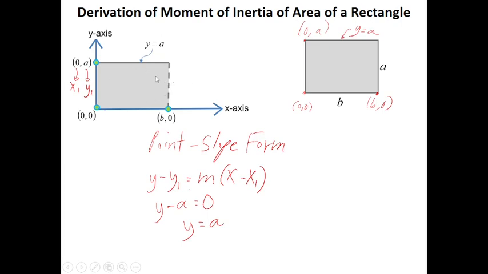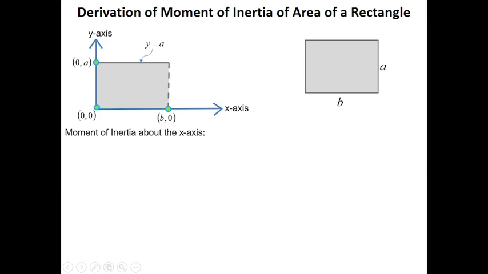We will find now the moment of inertia of this area about the horizontal axis, wherein that axis passes through the centroid of that area and that axis is also parallel to the x-axis. So, we have here the moment of inertia about the x-axis.